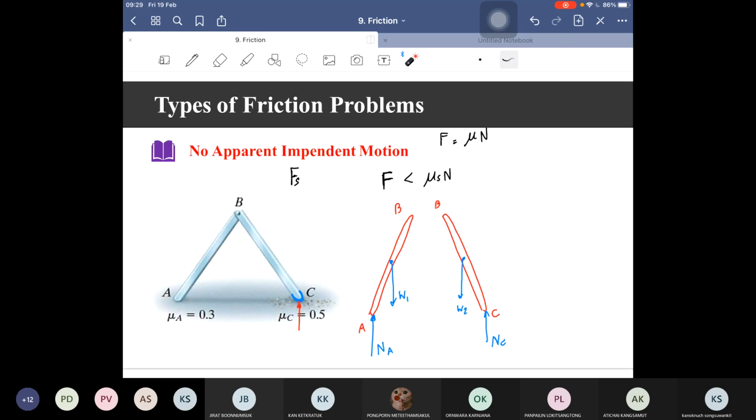Seeing this weight and these two bars connected at point B, the tendency of movement of AB is to the left-hand side, and for BC, it tends to move to the right-hand side. Then you have to exert the frictional force opposite to this direction, FA and FC.